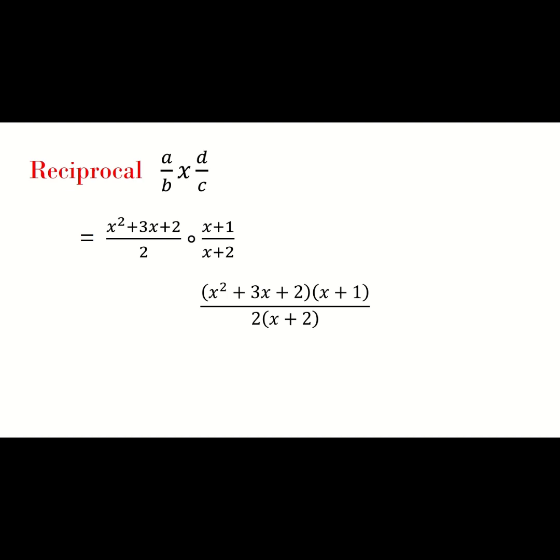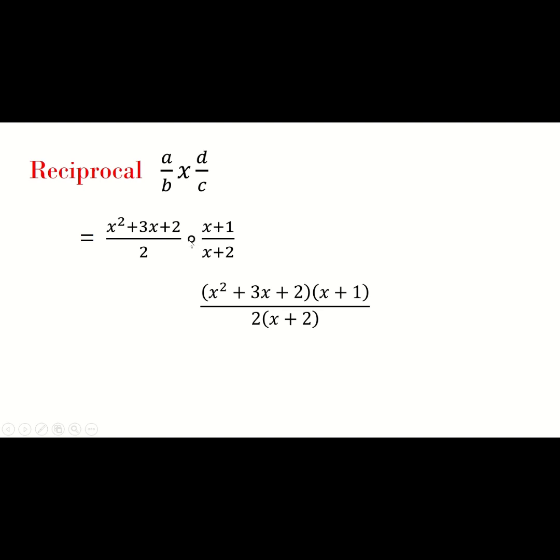So follow me. With the reciprocal, what we've done, as I explained, it became (x squared plus 3x plus 2) divided by 2 times, so the x plus 1 that was on the bottom became on the top. Right now we change to multiplication. This sign should say x, but because we're using x here, that's why we use this sign.